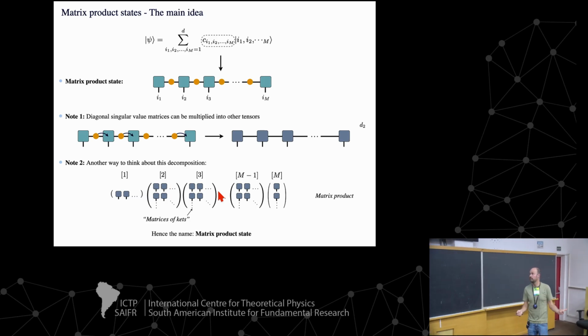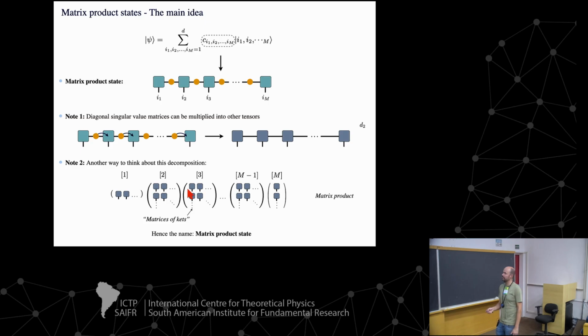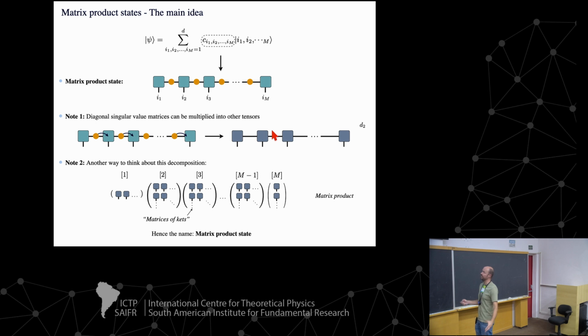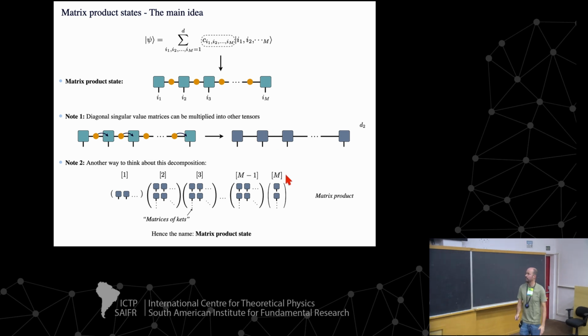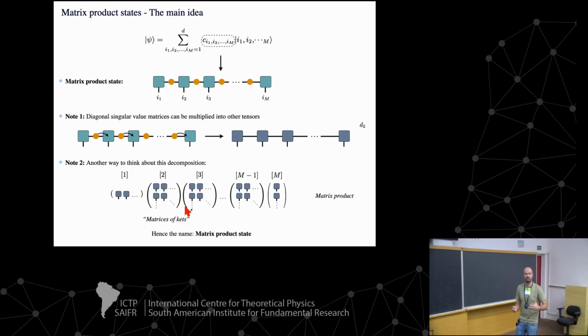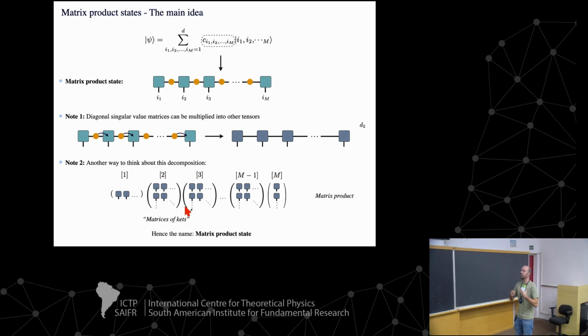And then each element of this matrix is itself a vector, because there's another index coming out. If I again contract this all together to the state tensor, it just means that I multiply all these matrices back together. So this is a state which you call a matrix product state, because it's decomposed as the matrix multiplication of these matrices.